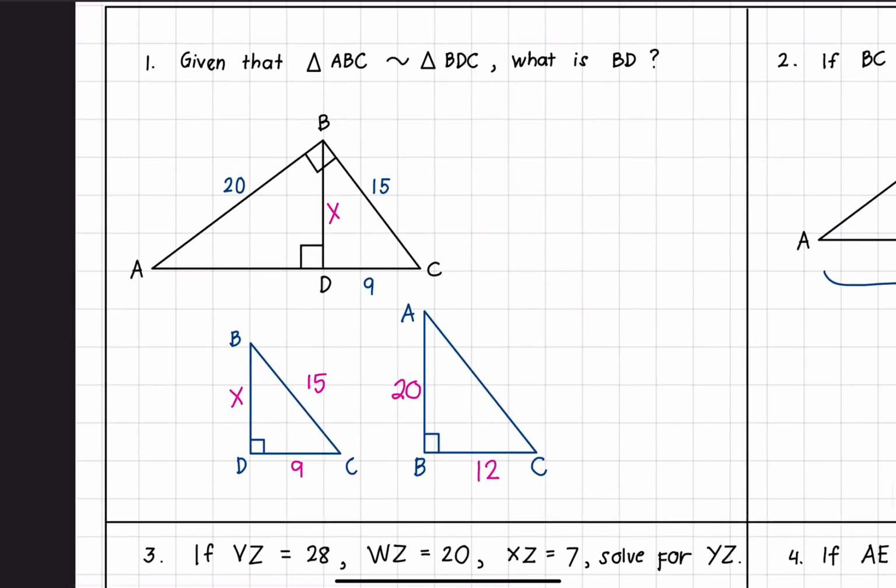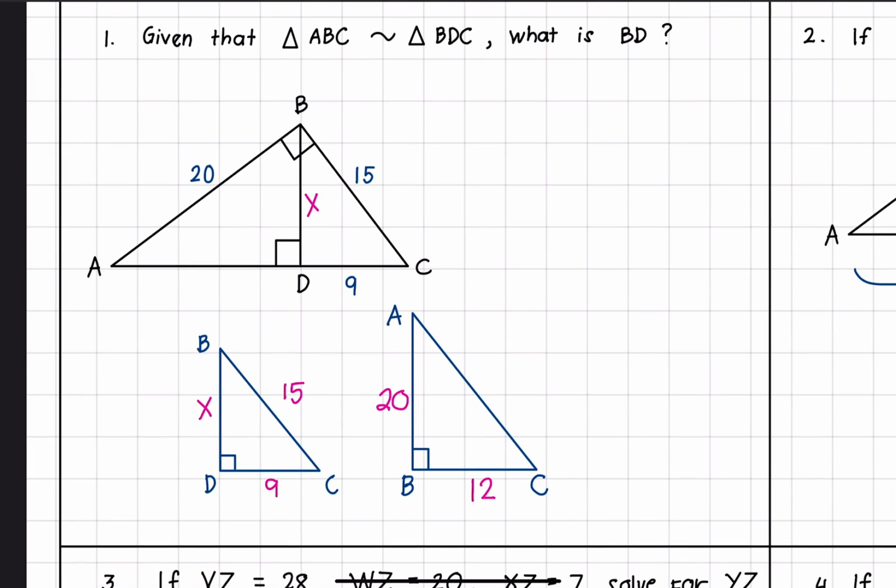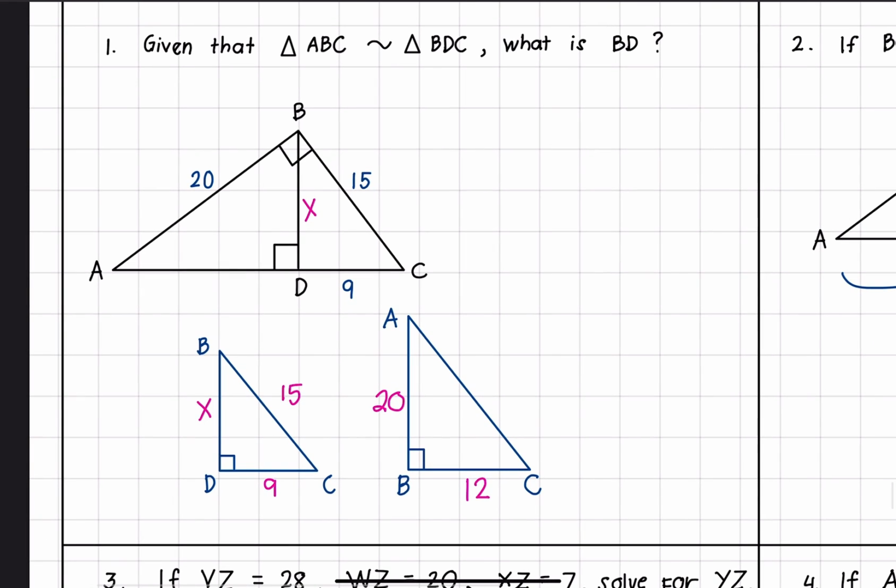Now that we have the two triangles separated, we can now compare and make a proportion using the sides. So what corresponds with side BD to the other triangle? Yes, that's side AB.